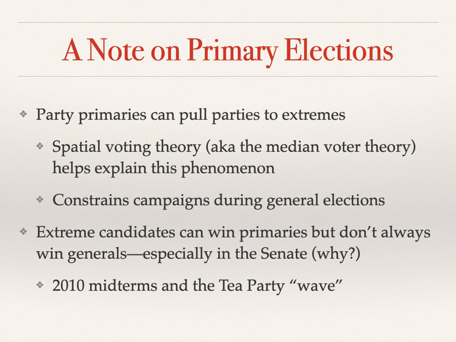This happened, for example, in Delaware, where we saw Christine O'Donnell win the nomination, presumably because the median primary voter, and remember, primary voters tend to be more strongly partisan, preferred O'Donnell over the incumbent moderate Republican. The thing is, Delaware can actually go blue.